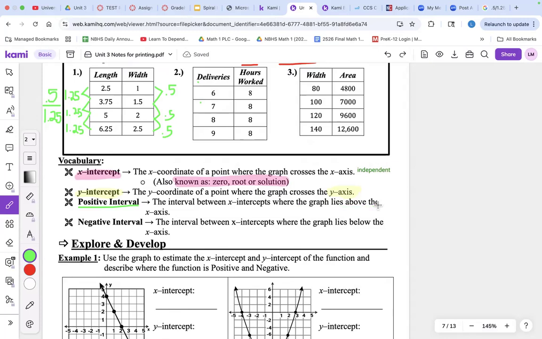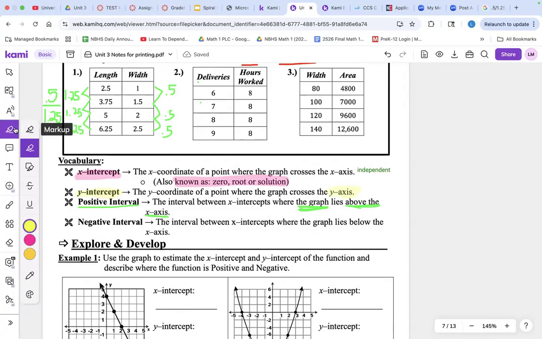The parts of a graph above the x-axis. So again, it's the part of the graph that is above the x-axis.